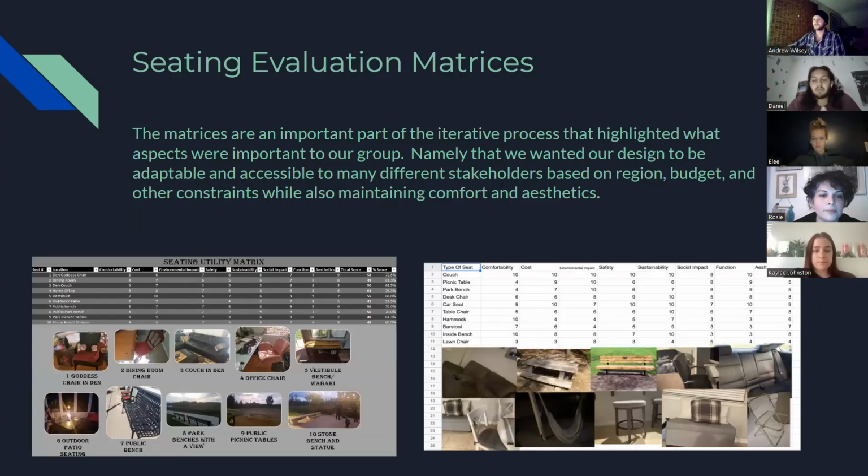Okay, so while we were talking in our original discussions, the matrices helped us a lot to understand the total constraints of all these seating areas. We had all these different ideas going into it: the aesthetics, the cost, the environmental problems, how much it would last.